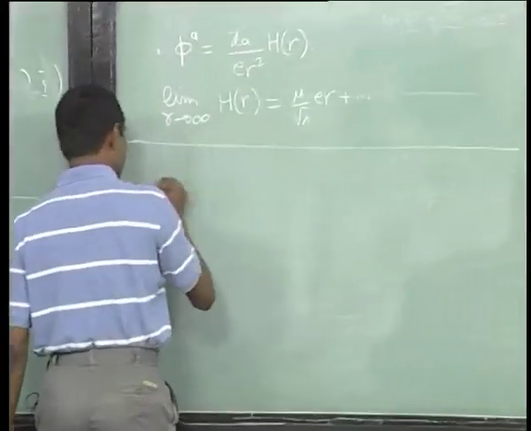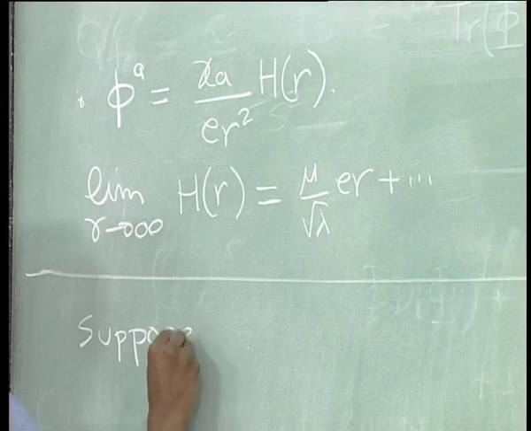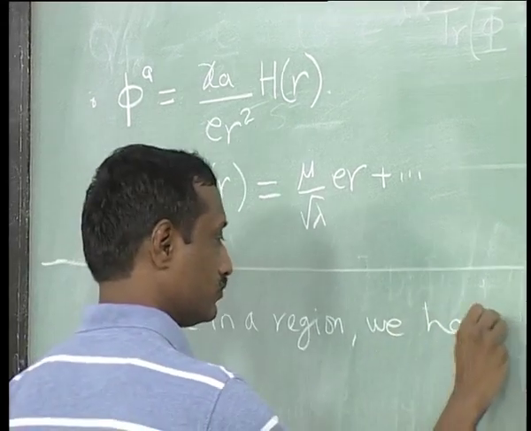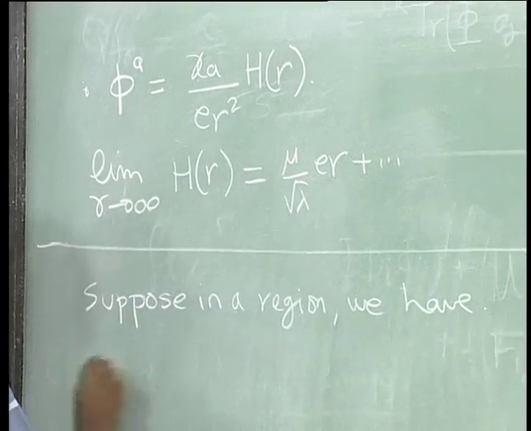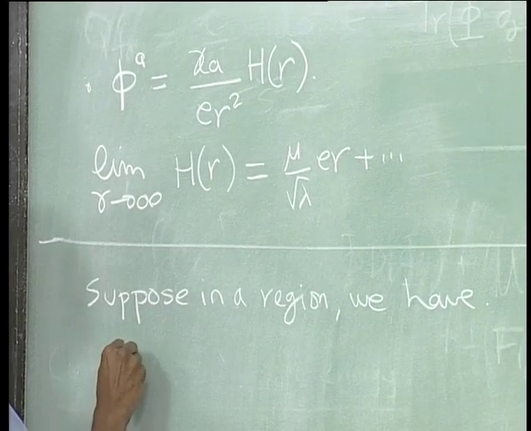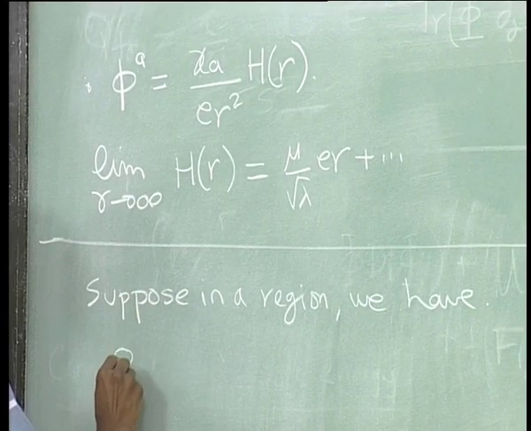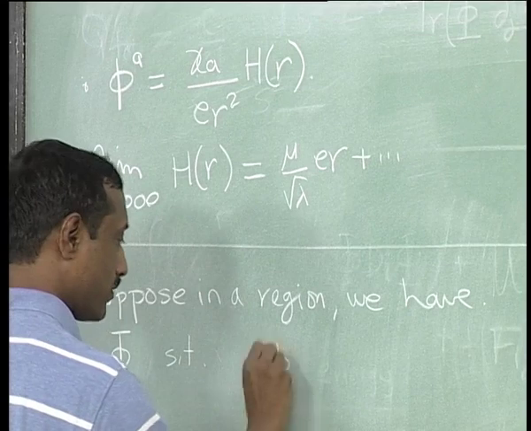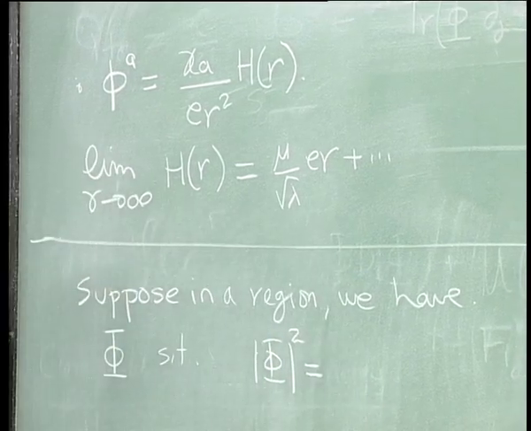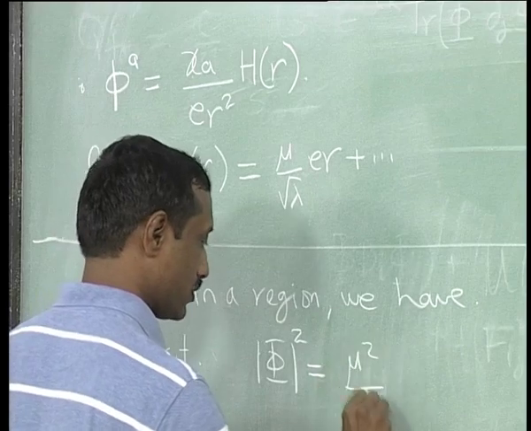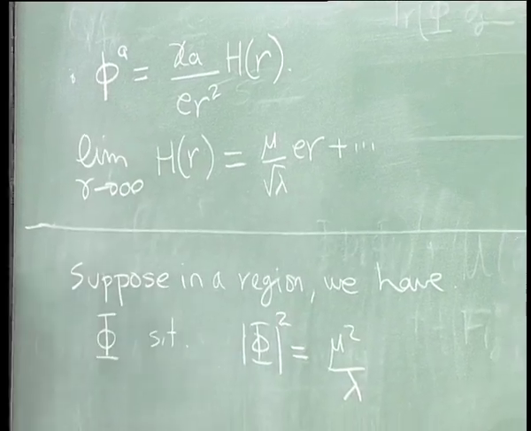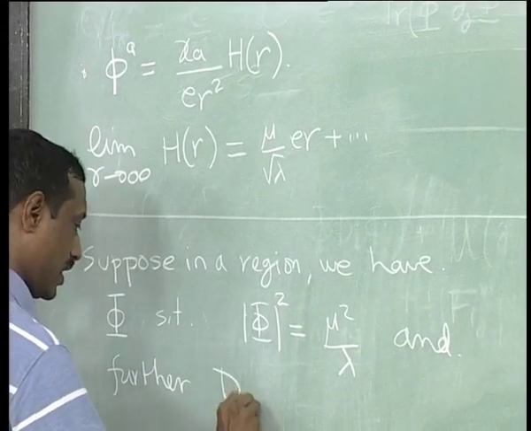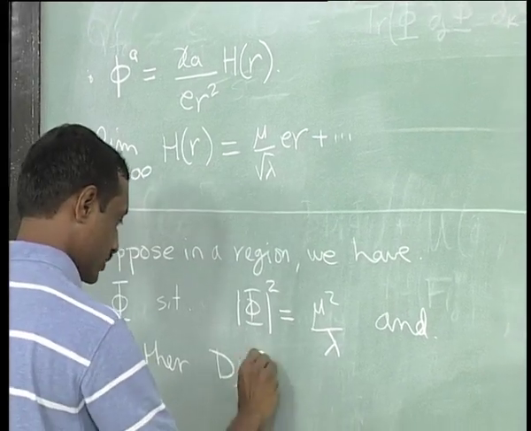What we will do is we will consider, suppose in a region we have phi such that mod phi square equal to this quantity mu square by lambda, and further D mu of phi also is 0.